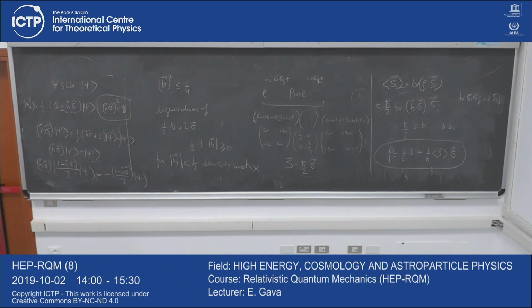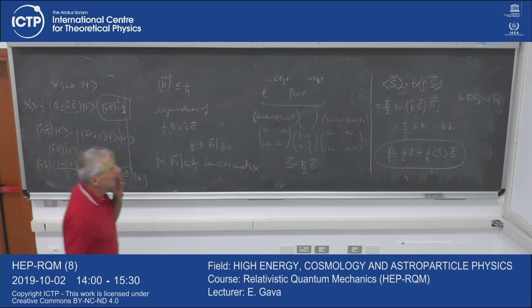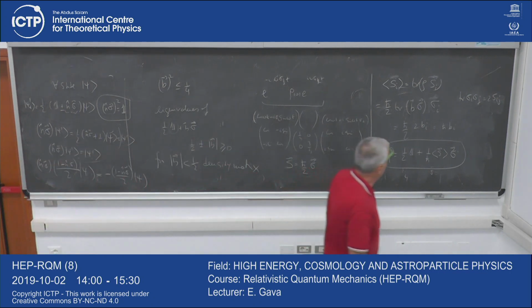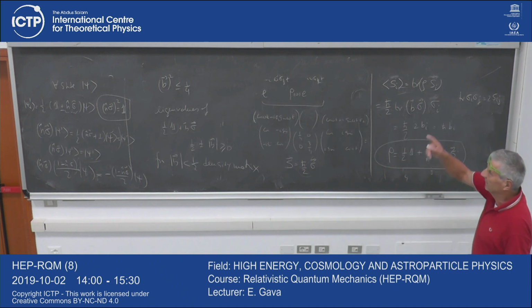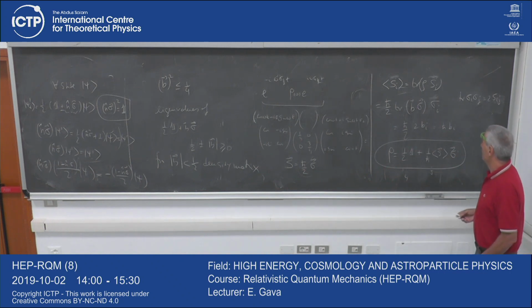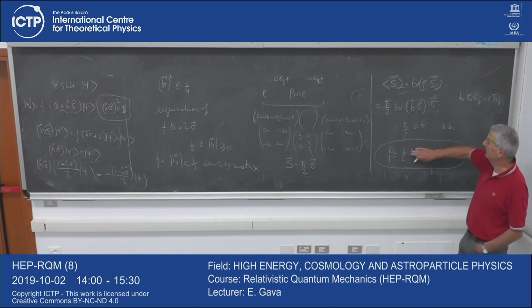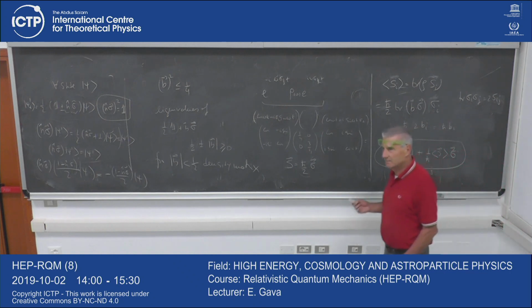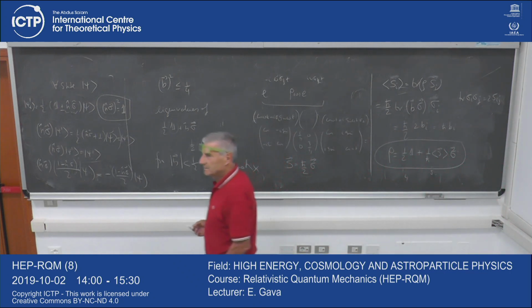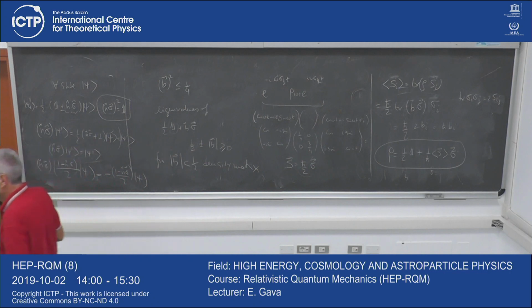So the part coming with the sigmas is related to the expectation values of the spin, and we observe already in the example of the spin 1/2 that if this is not there, and only this is there, the expectation values of the spins are all 0, right? So this is a completely unpolarized situation.